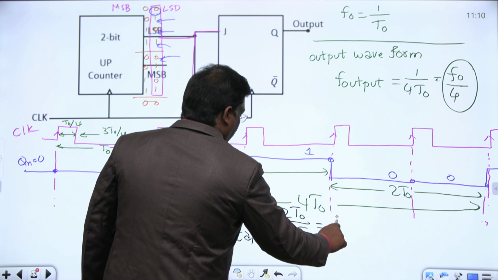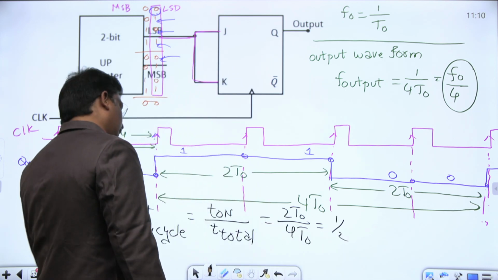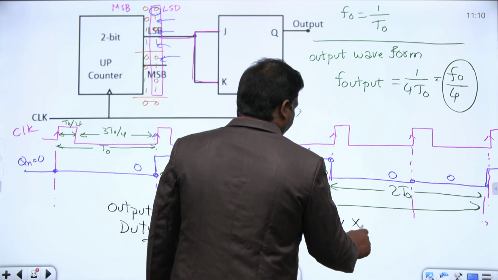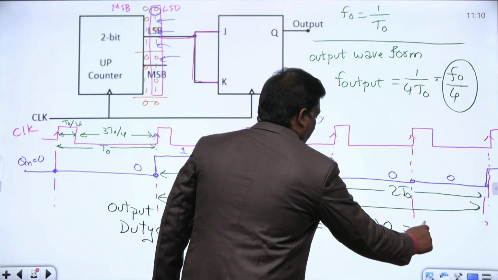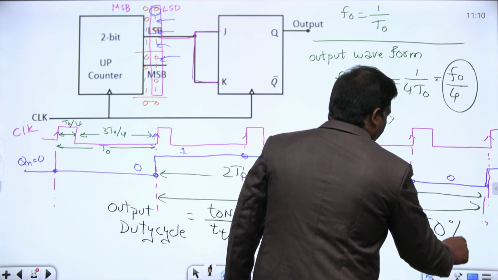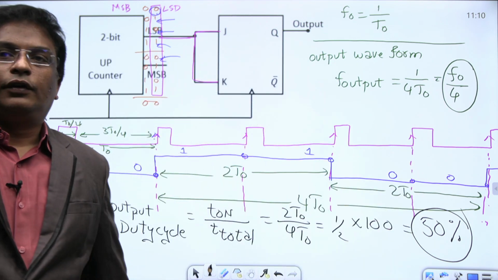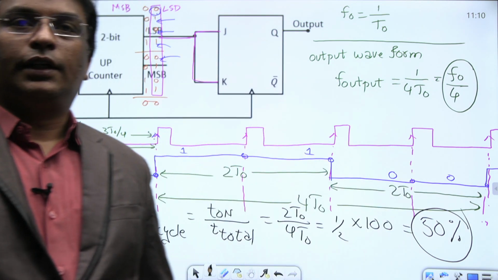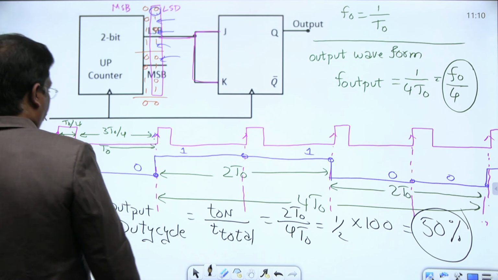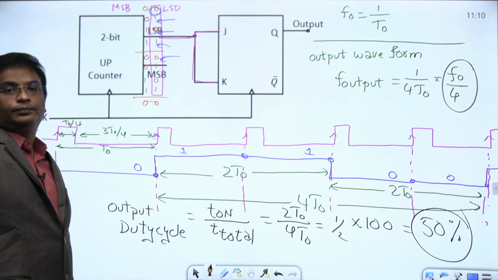This is nothing but 1 by 2. Percentage duty cycle is then 50%. That's all. Finished. Output clock frequency is f0 by 4 and duty cycle is 50%. Everyone comfortable? Everyone following? Very good.